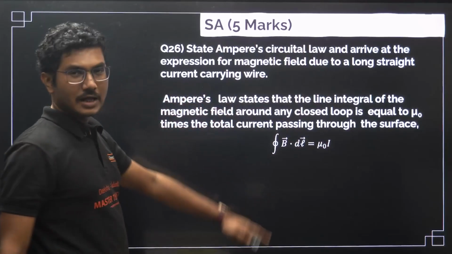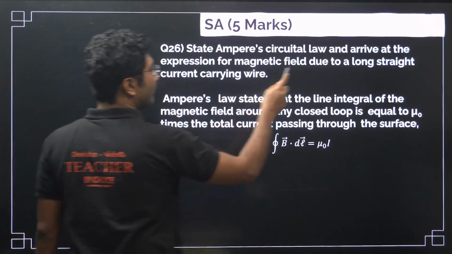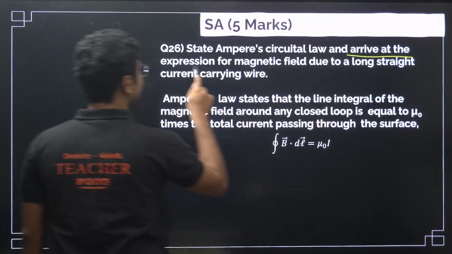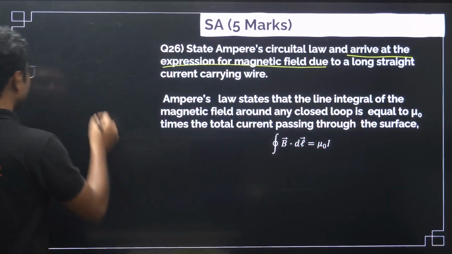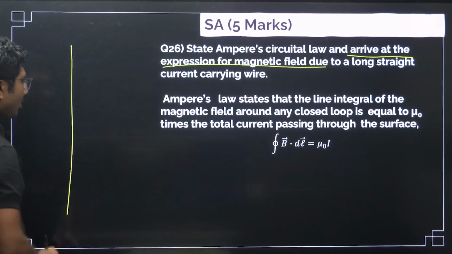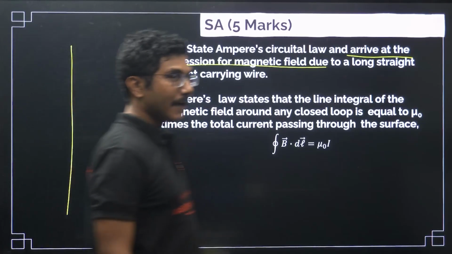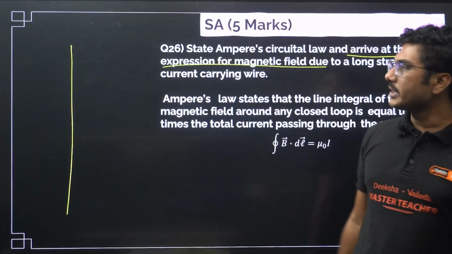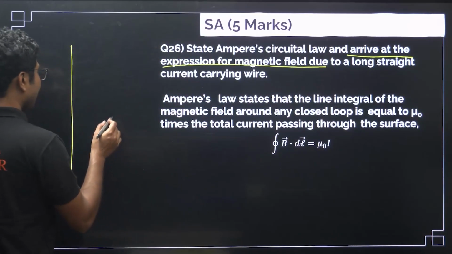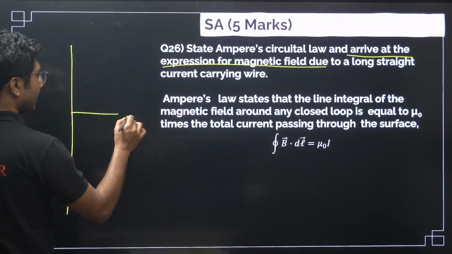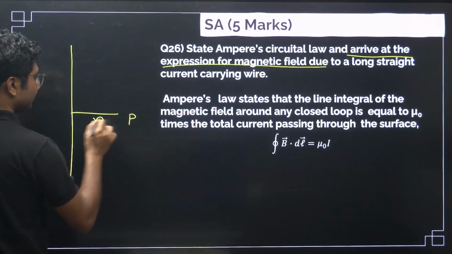Now, this is a 5 marker question. So, this is not the answer, you have to also find the expression for magnetic field due to a long straight current carrying wire. So, we have to consider a very long straight current carrying wire and apply Ampere's circuital law to find the magnetic field at some point P, at a distance r.